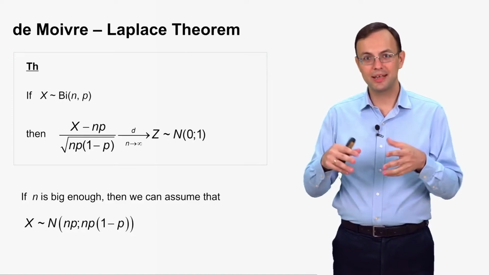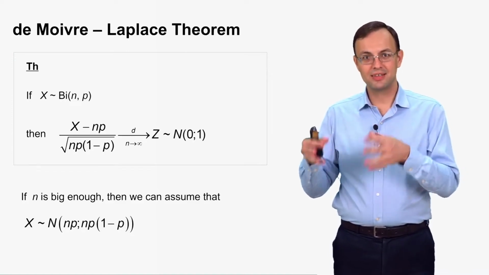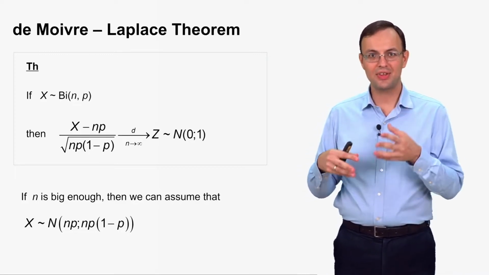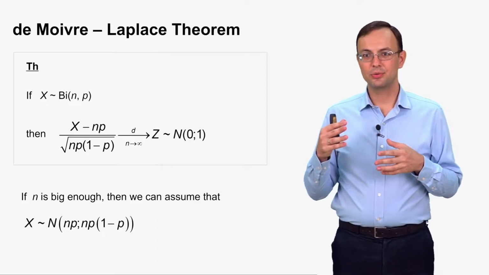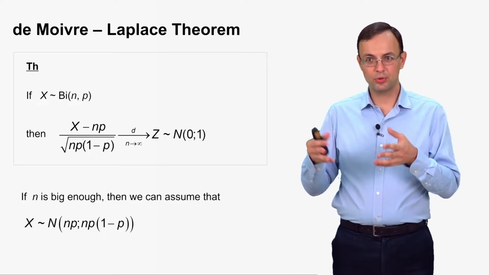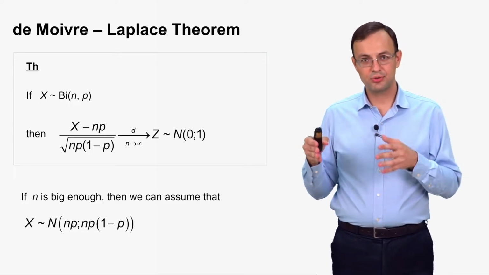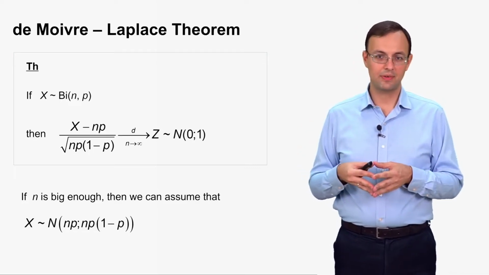And that is why we can apply the CLT to X, and why we can state that this formula is true, so that X converges in distribution to a normally distributed random variable.